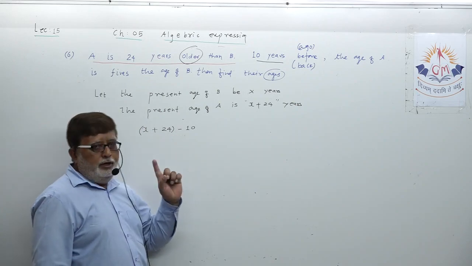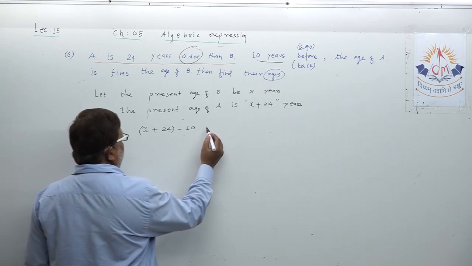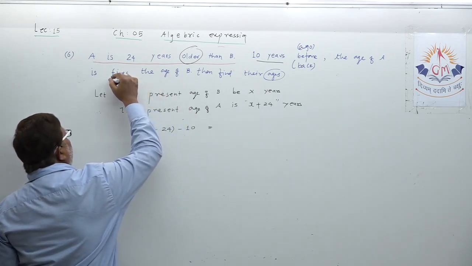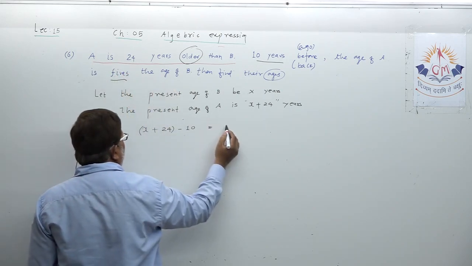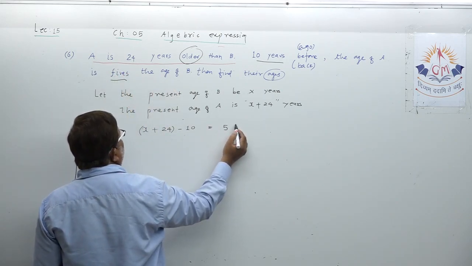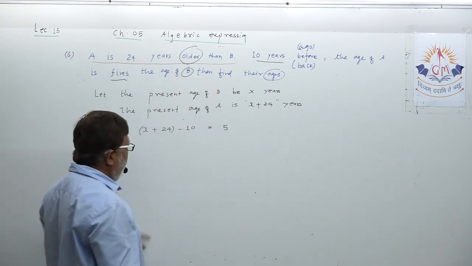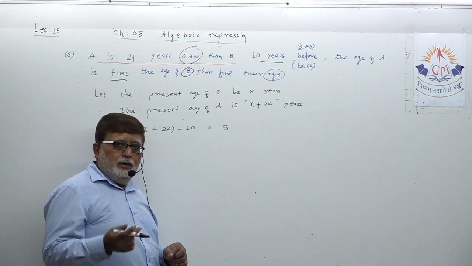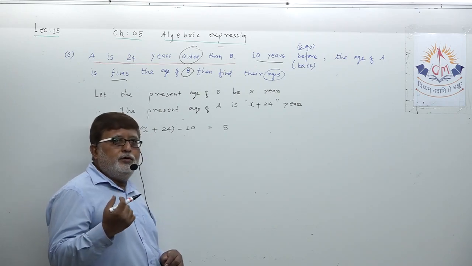10 years ago, the age of A, this means equal to. Each and every word, dear student, translate in expression, is 5 times age of B. So when you are taking the age of A before 10, you also have to take the age of B before 10.